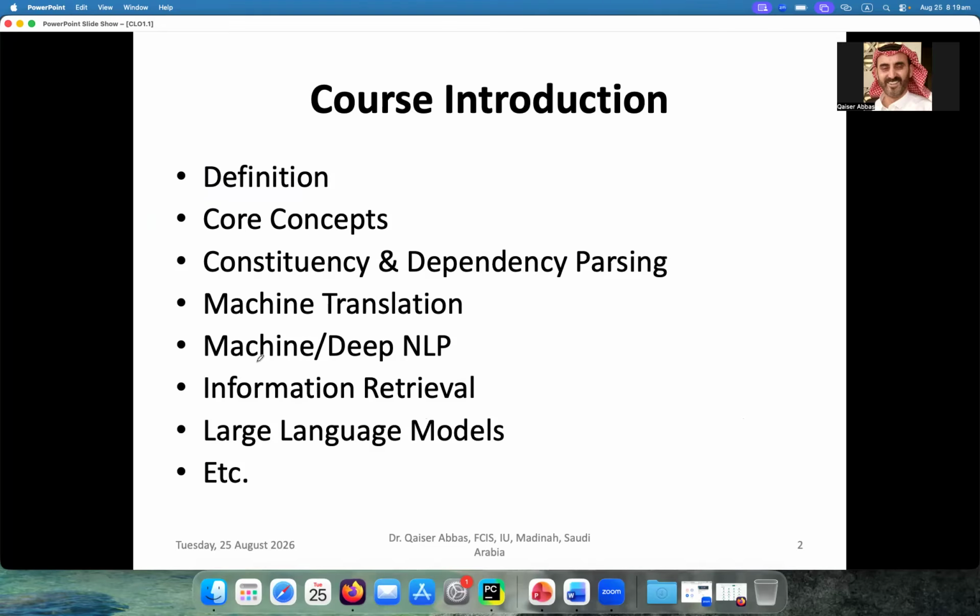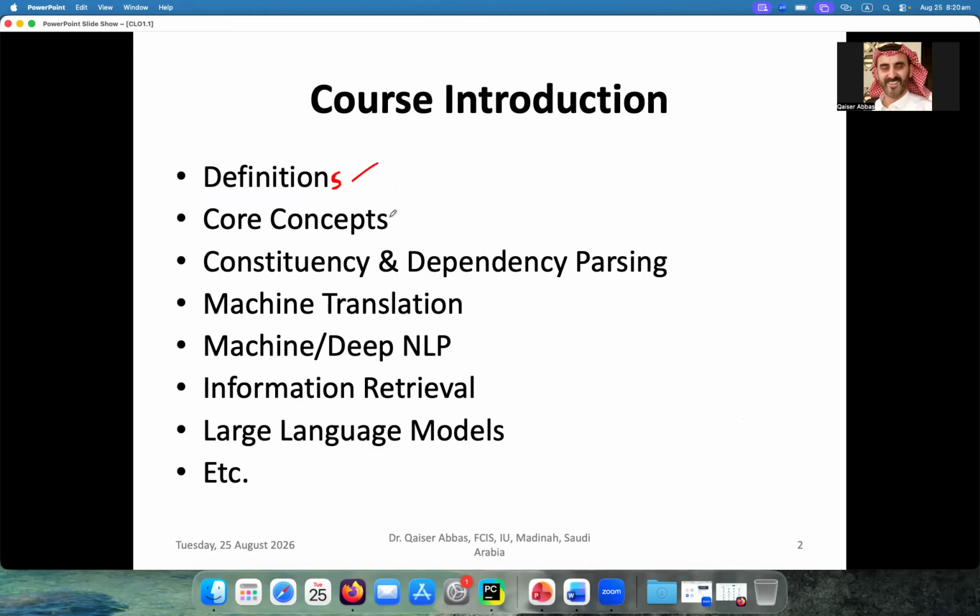Now moving next, course introduction. According to the CLOs, I have written here that first we will go with the definitions. We will see some terms and definitions here.